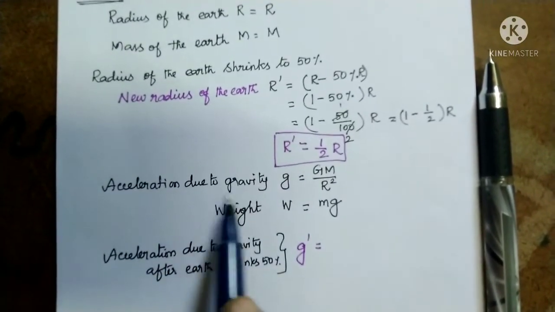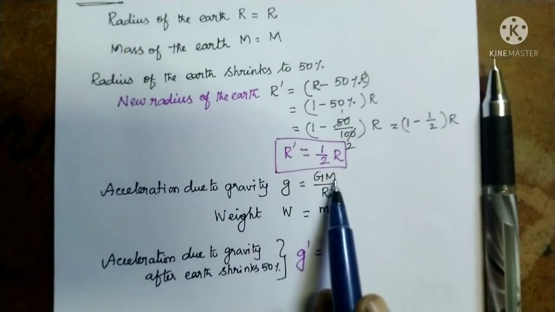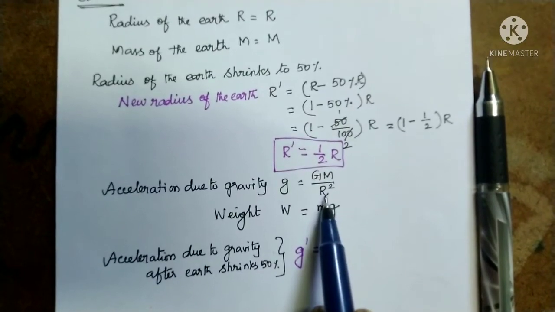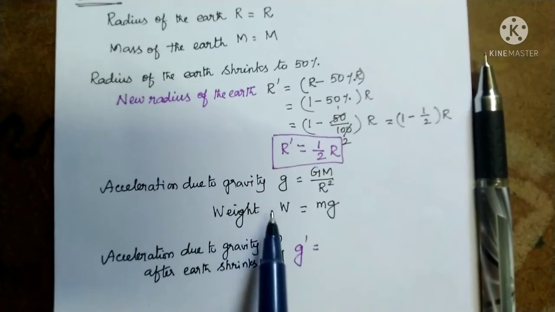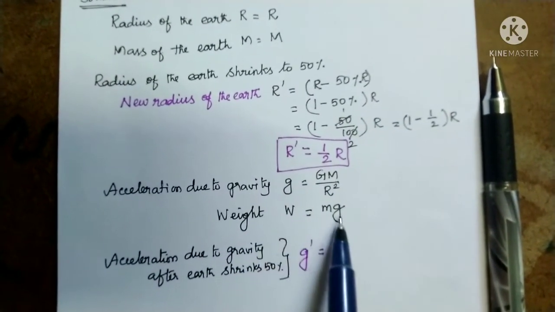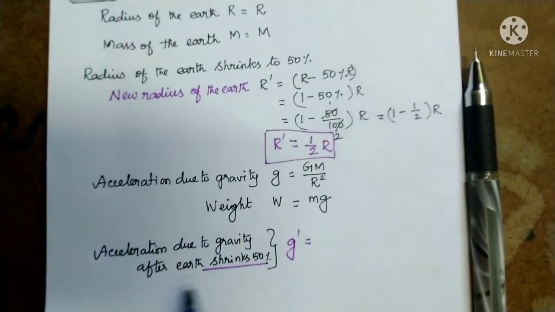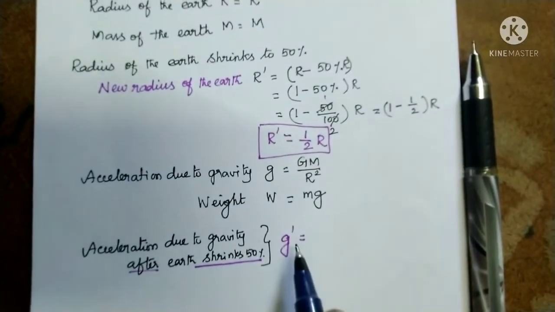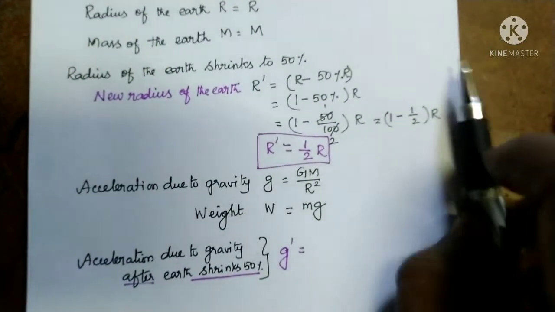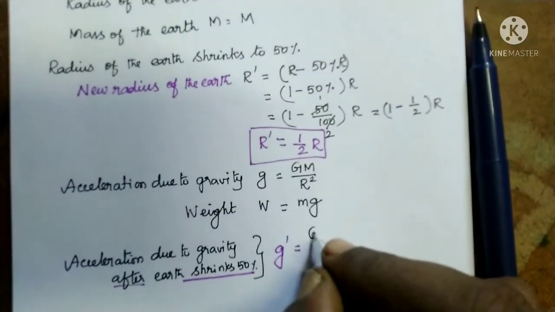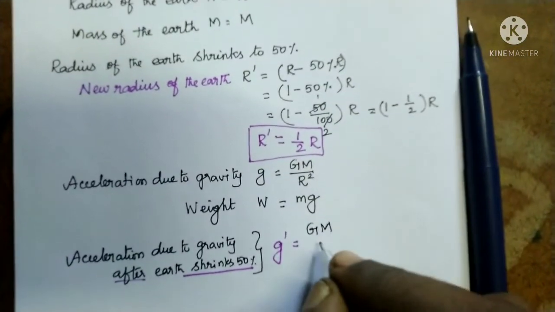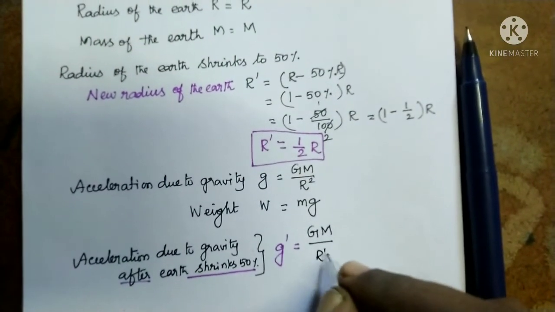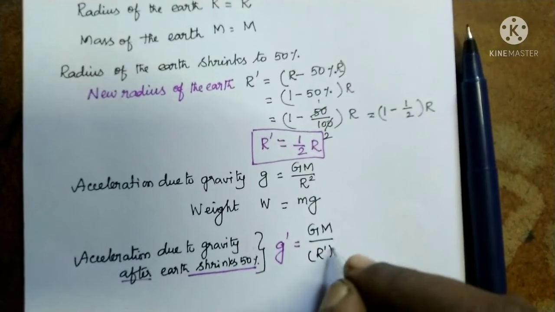Next, acceleration due to gravity g is equal to GM by r square. So the weight of a person on the Earth, W, is equal to m into g. And the acceleration due to gravity after the Earth shrinks, g dash, is equal to GM by r dash square.